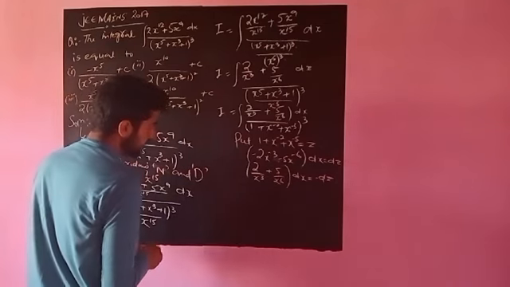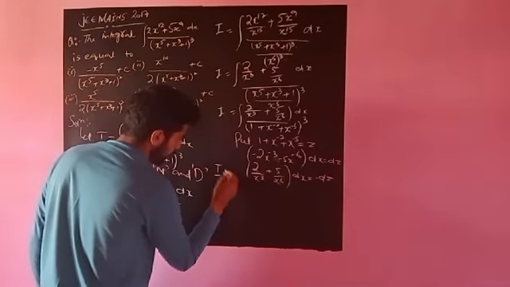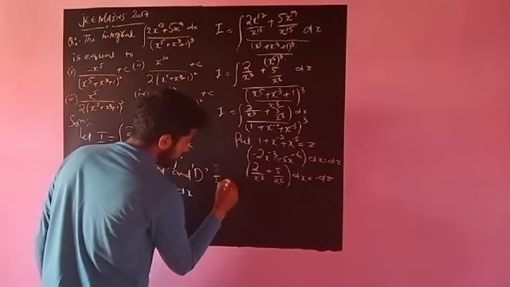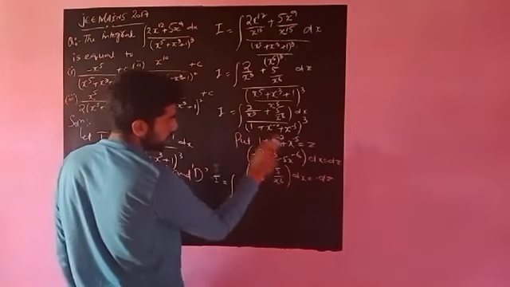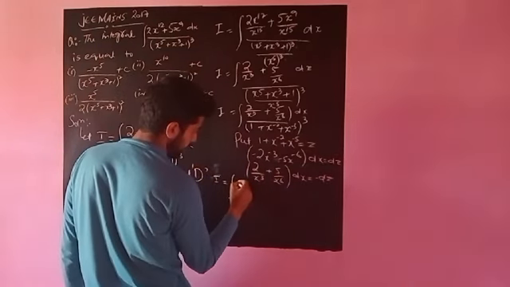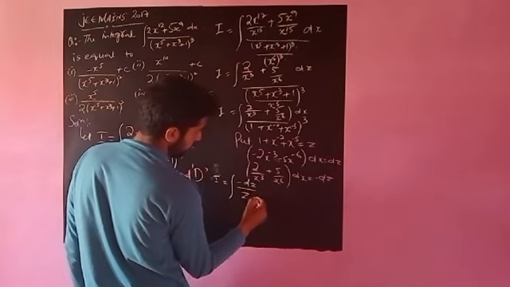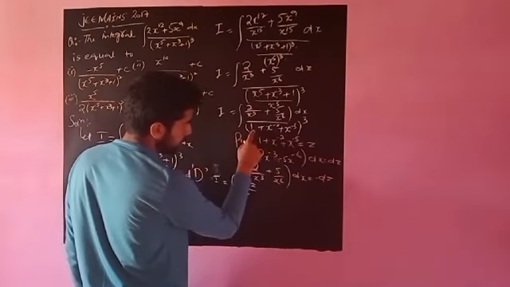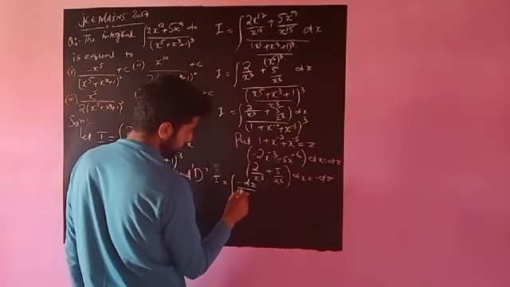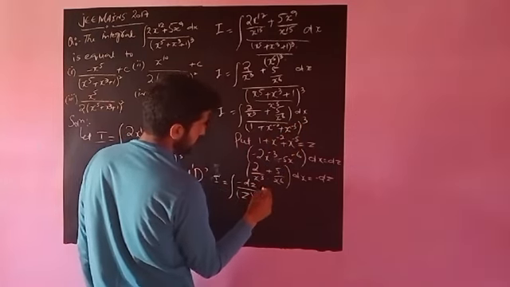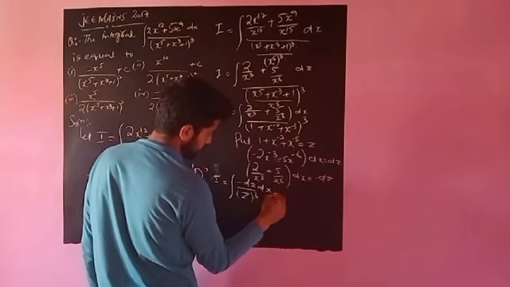Here we put I is equal to the integral of minus dz divided by z raised to the power 3, that is z cubed dz.